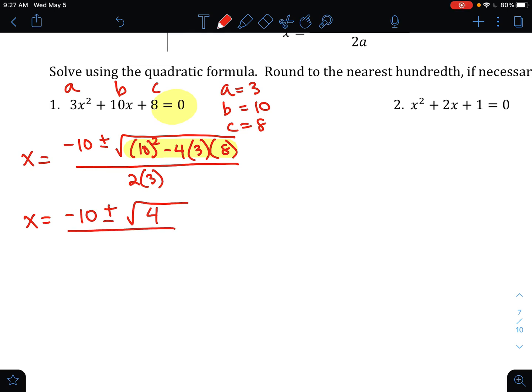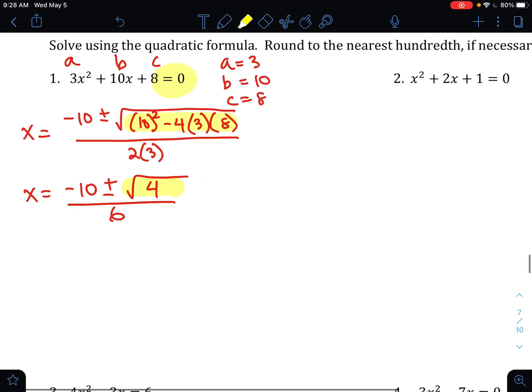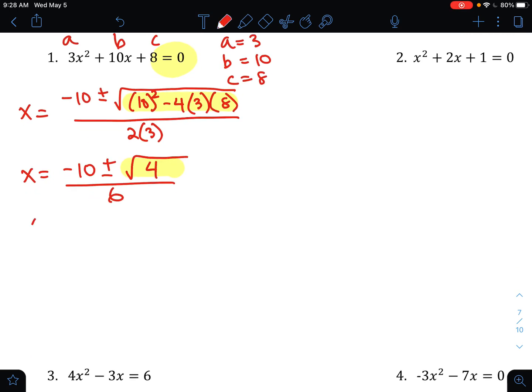The rest of the formula is over 2 times 3, which is 6. Next, let's take the square root of 4. Well, 4 is a perfect square, so the square root of 4 is 2. So my next line reads x equals negative 10 plus or minus 2, divided by 6.